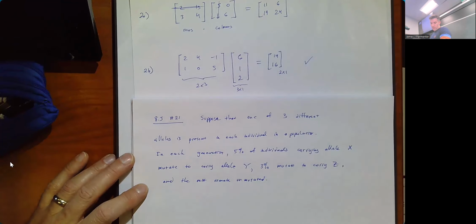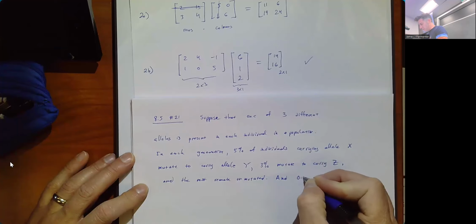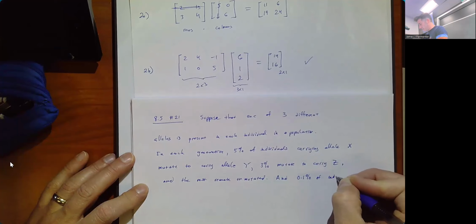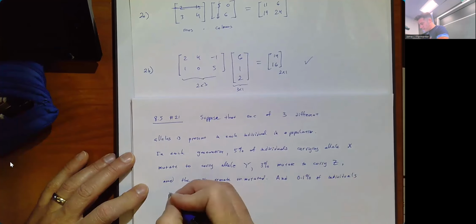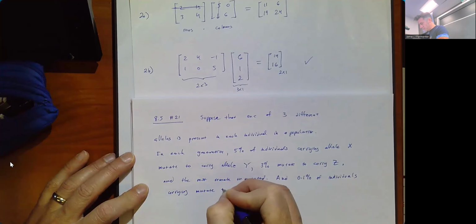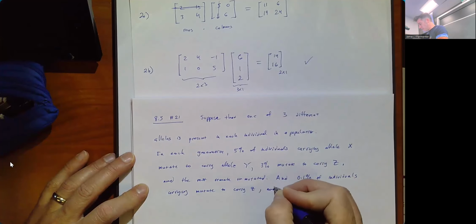And then similarly, we'll say 0.1% of individuals carrying Y mutate to carry Z. This is why this takes so long to write. There's all these things to write. And the rest remain unchanged.